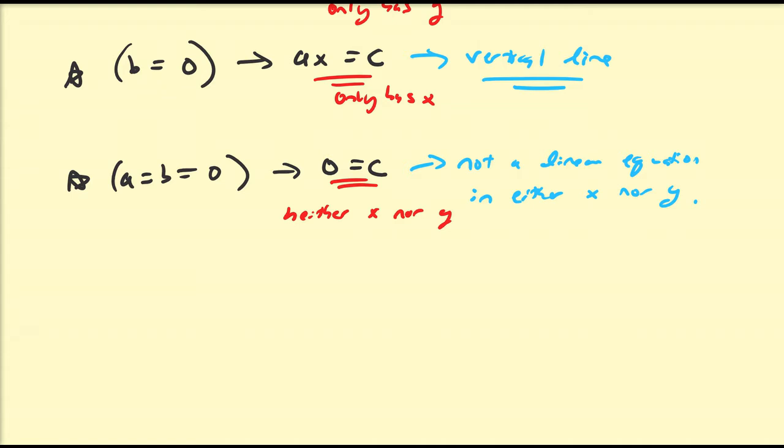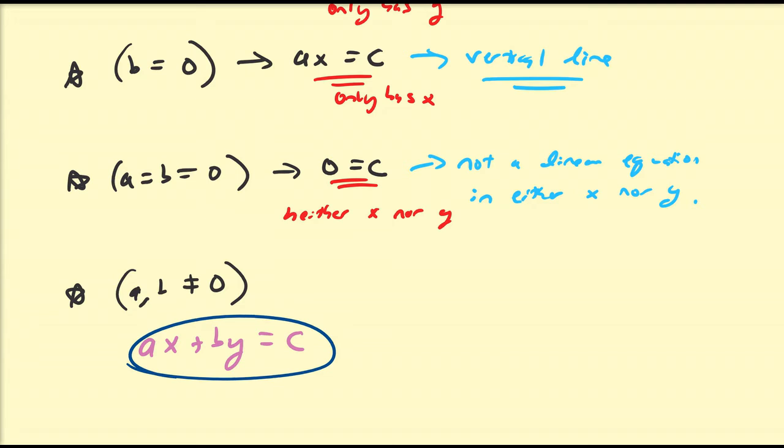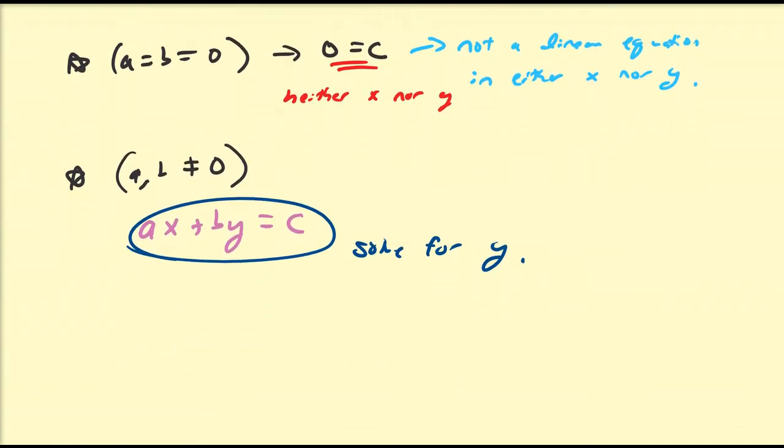And let's consider the more general case that a and b are not equal to 0, which is the general case of ax + by = c. What I'm going to do is solve this equation for y.